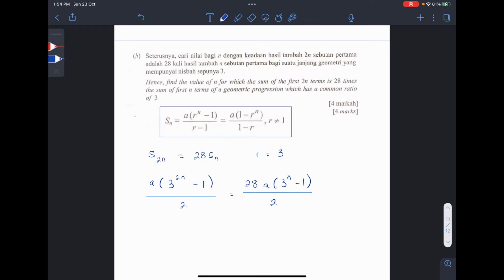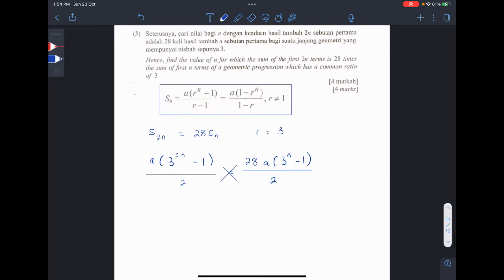We have fractions on the left and right side, so all we have to do is cross multiply. When we cross multiply, we are going to get many different types of values over here. So let's see what's the easier way to do this. I think we just multiply.